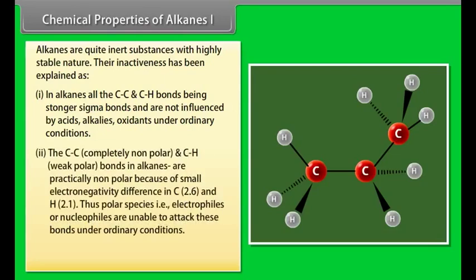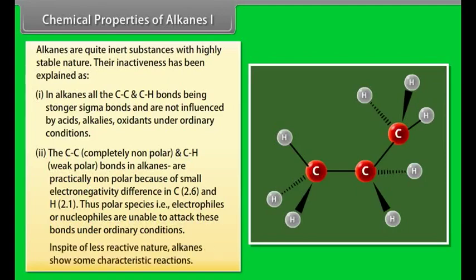Number 2. The carbon-carbon bonds are completely non-polar and carbon-hydrogen bonds are weakly polar, particularly non-polar because of the small electronegativity difference between C (2.6) and H (2.1). Thus, polar species, that is, electrophiles and nucleophiles, are unable to attack these bonds under ordinary conditions.